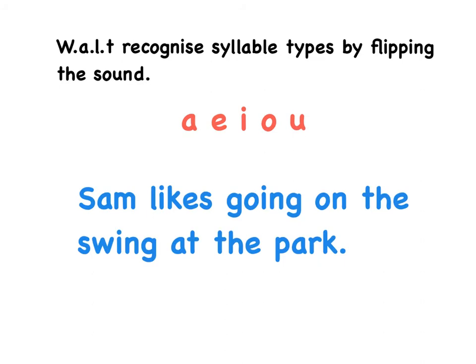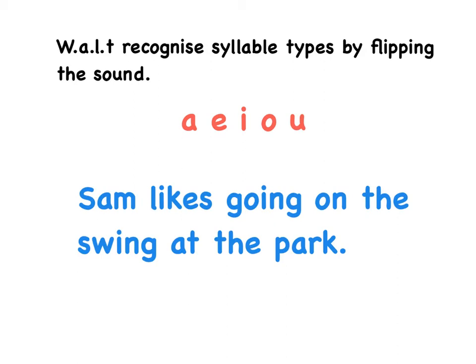Let's read this sentence. Sam likes going on the swing at the park. Swing doesn't quite sound right, does it? So I've said the long I, swine, in this word. Let's flip the sound.